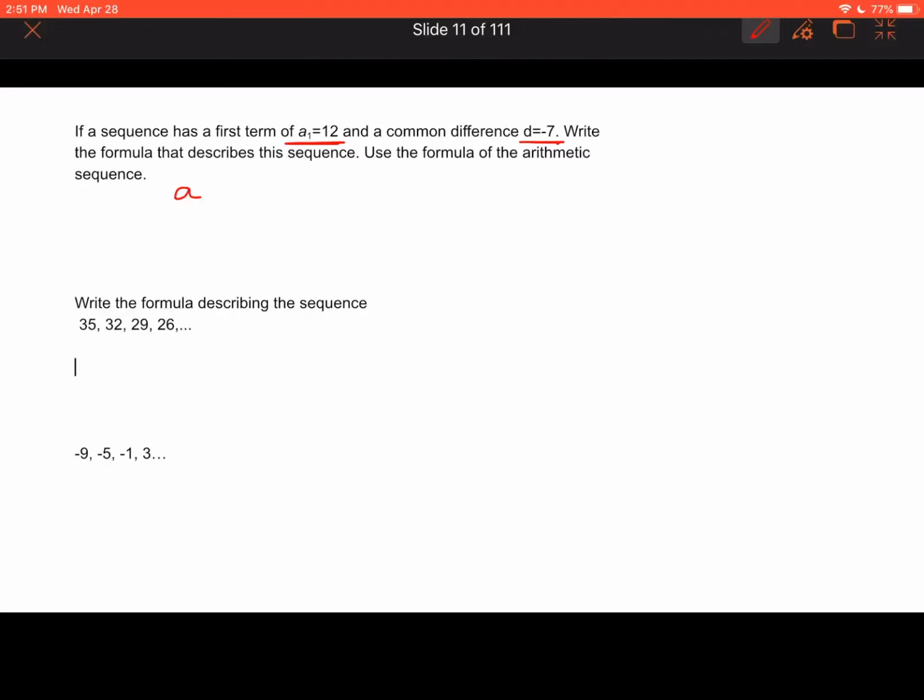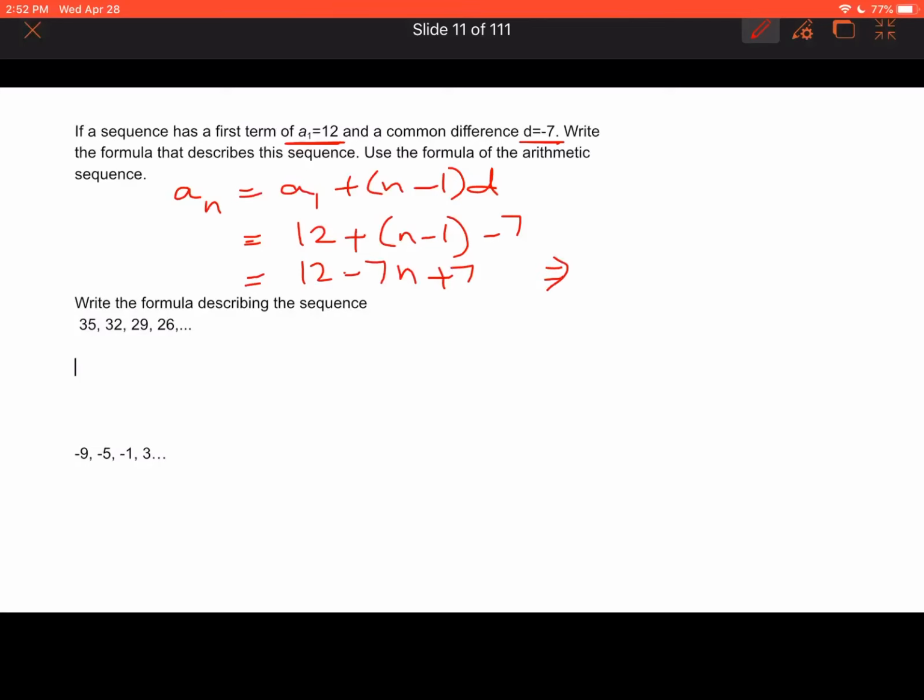What is the formula of arithmetic sequence? an equals a plus n minus 1 times D. a1 or a, whatever you can write, is the first term, right? 12 plus n minus 1, D is given, it is minus 5, which can be represented as 12 minus 5n plus 5, right, which can be written as 17 minus 5n.